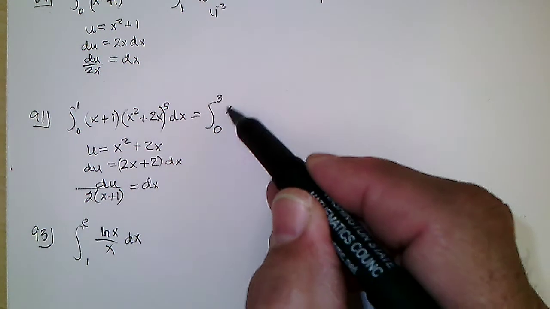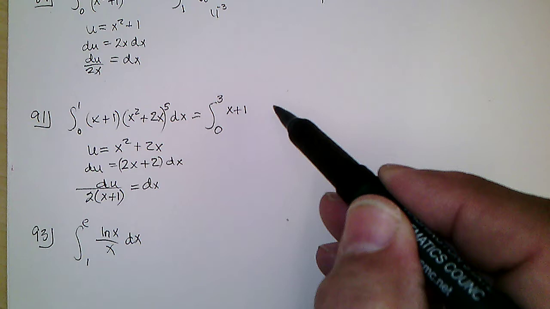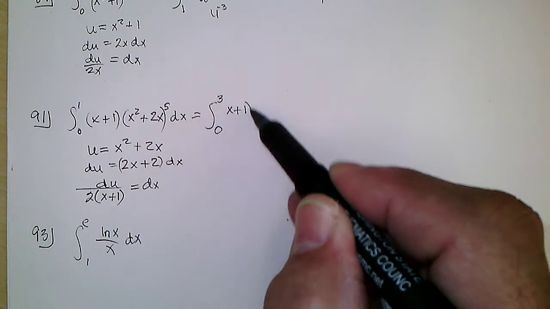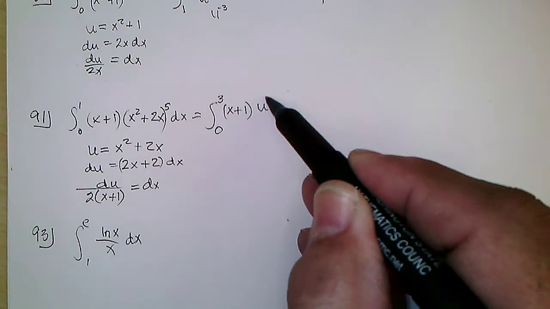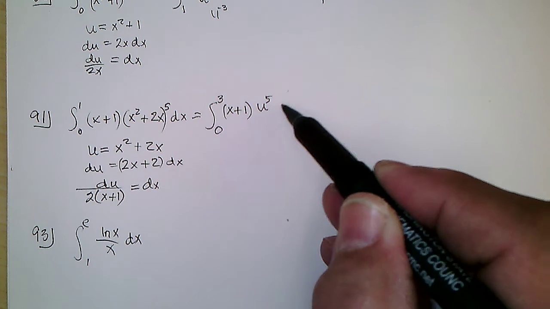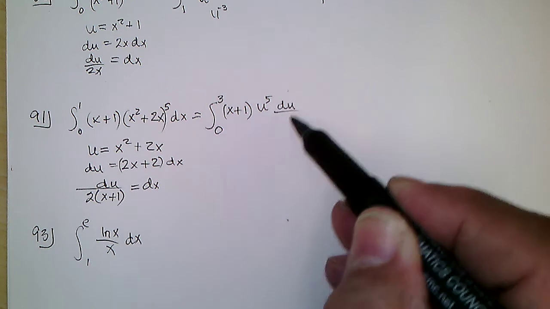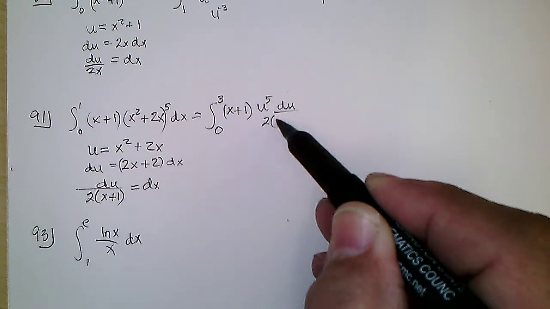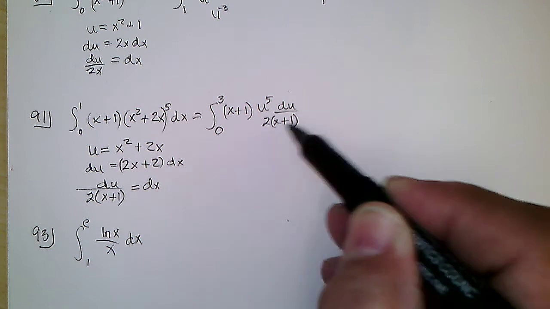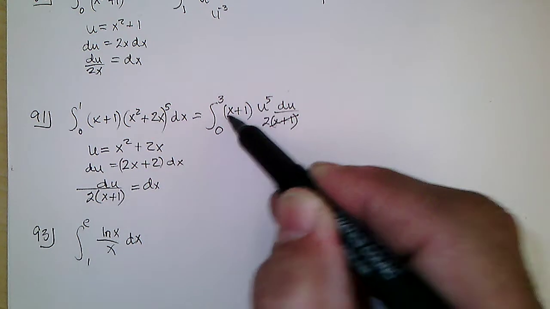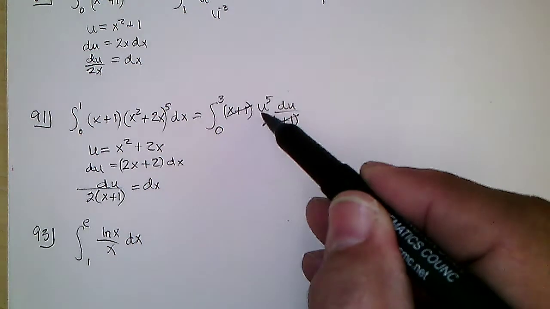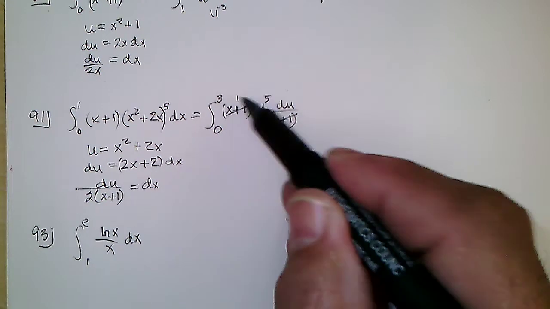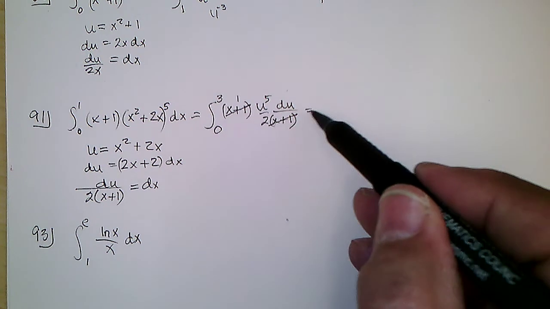And I've got an x plus 1 over u to the 5th, and dx is du over 2 times x plus 1. The x plus 1's cancel, that's nice. I have a 1/2, which would come out.